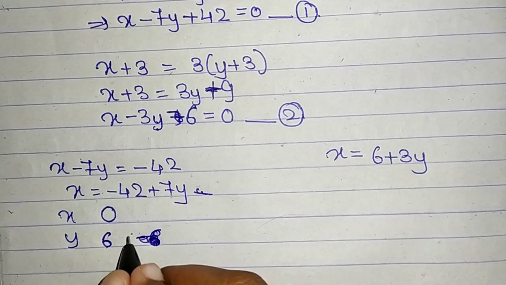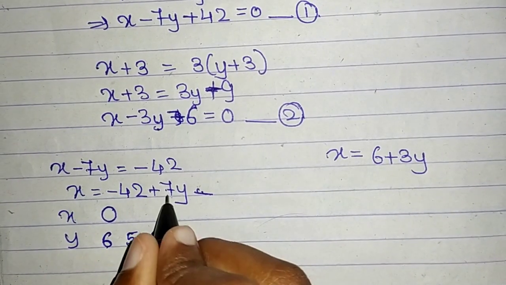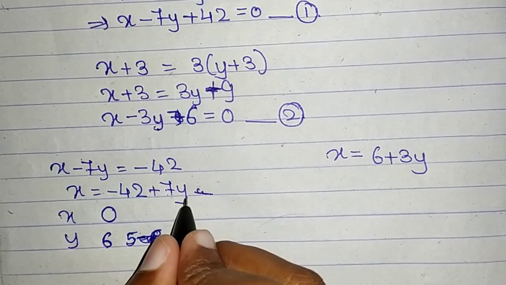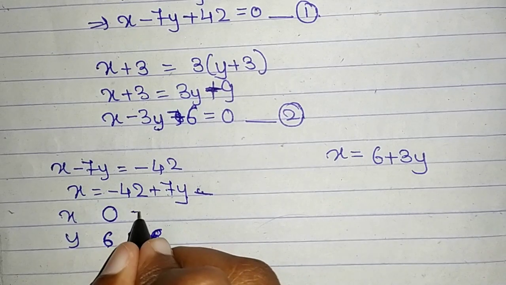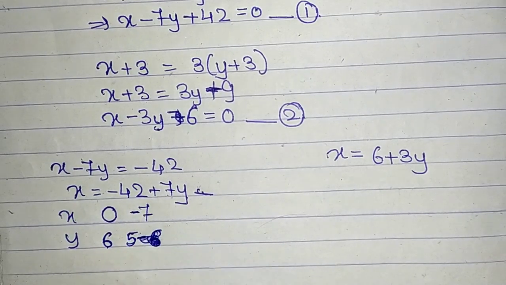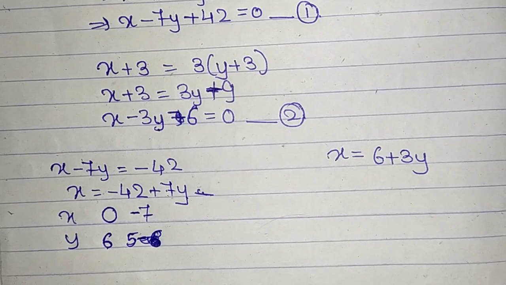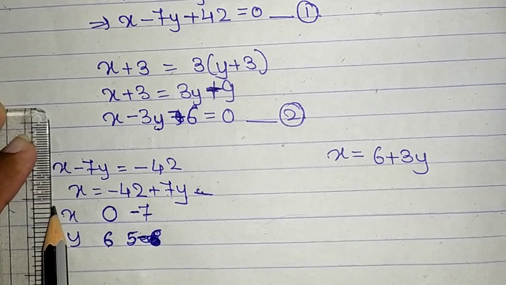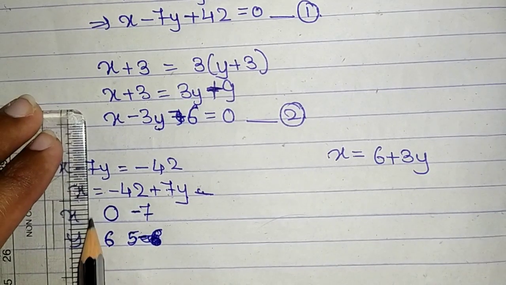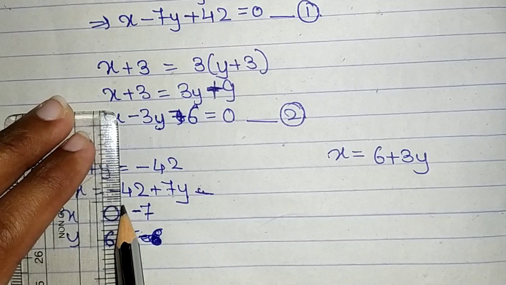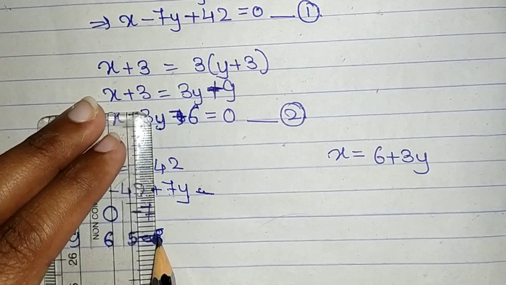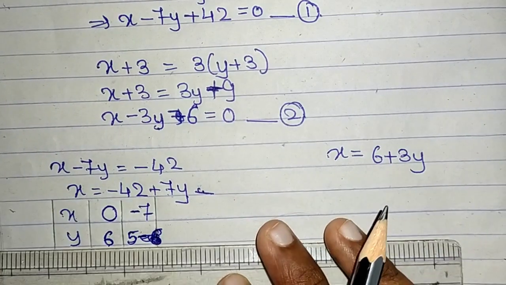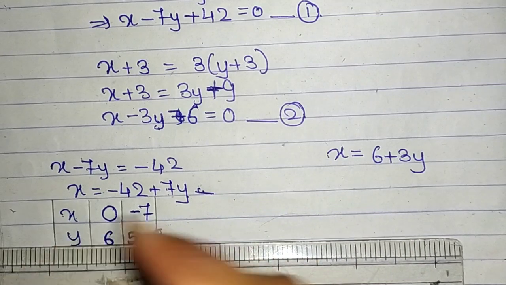When y is equal to 5, 7 5s are 35. 35 minus 42, you will get minus 7. So these are the 2 points for our first equation. x is equal to 0, y is equal to 6, x is equal to minus 7, y is equal to 5. These are the points for our line. So put them in a table.